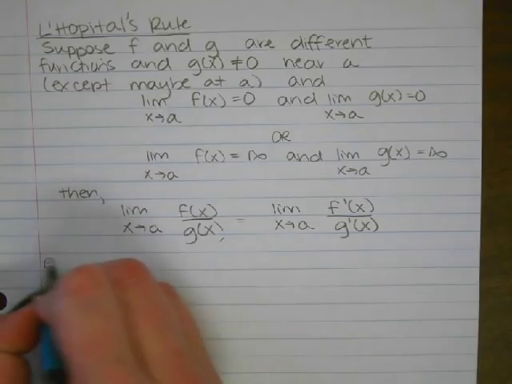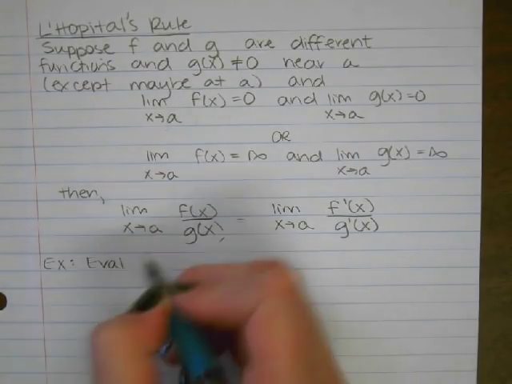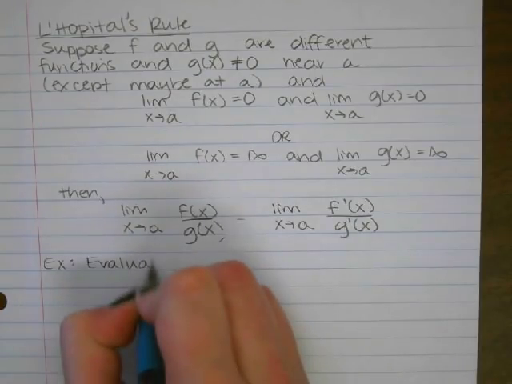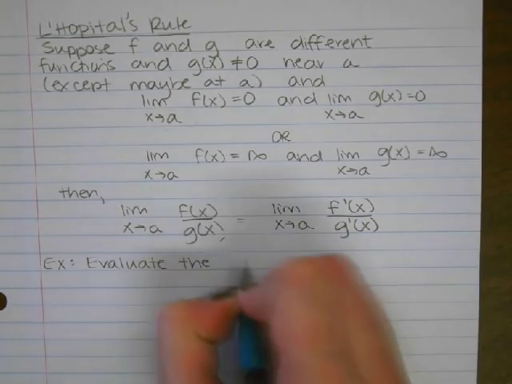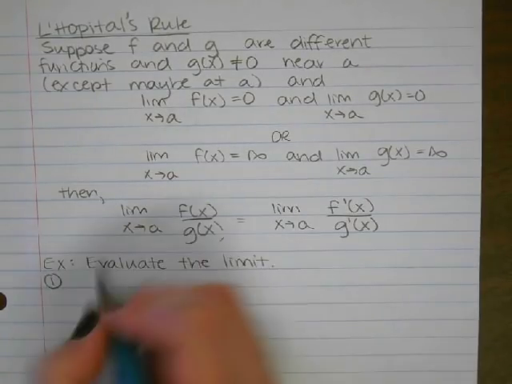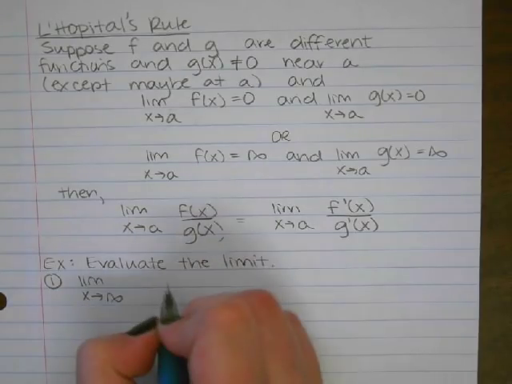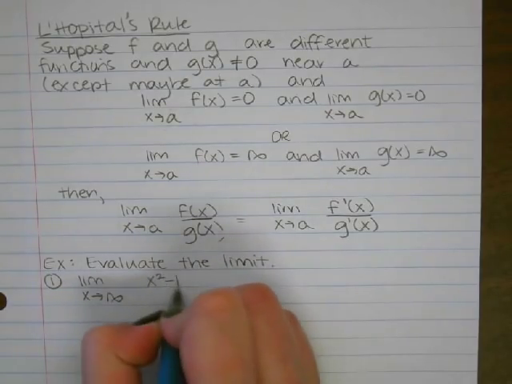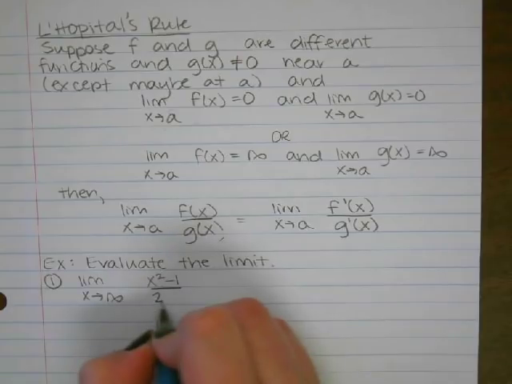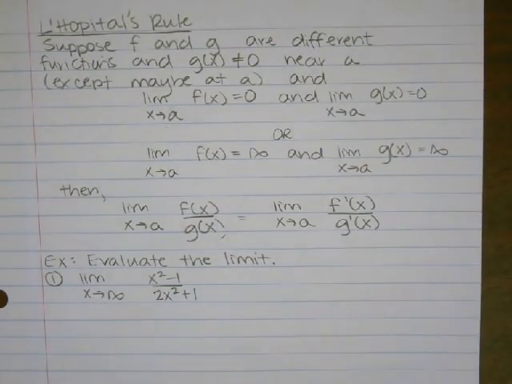So for example, all of these examples have the instructions to evaluate the limit. Example number 1 says the limit as x approaches infinity of x squared minus 1 divided by 2x squared plus 1. And if you guys remember, we kind of talked about this.